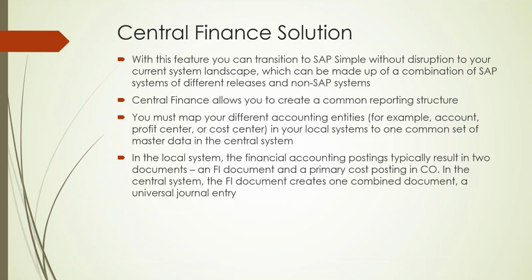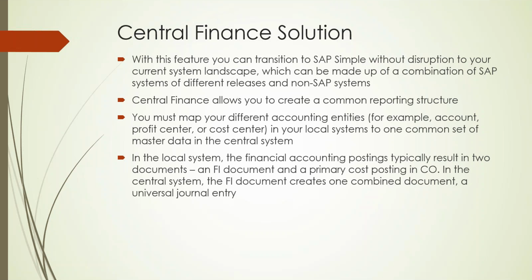So Central Finance allows you to create a common reporting structure, but when you are transporting data from one server to the central server, you must map the accounting entities. Only then will you get the proper reporting. Okay, and in the local system, the financial accounting postings typically result in 2 documents because it is not using Simple Finance.